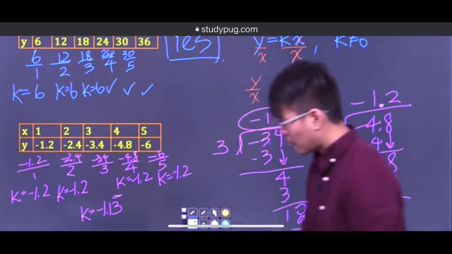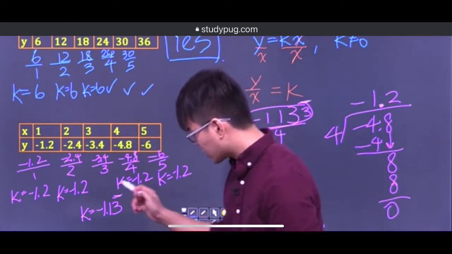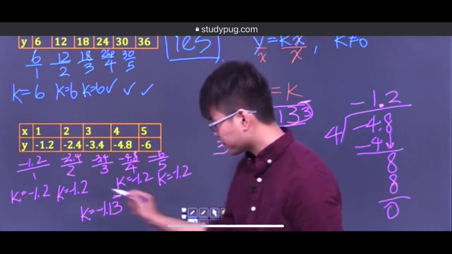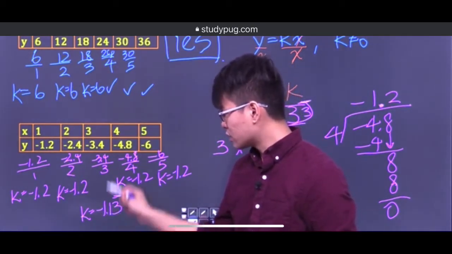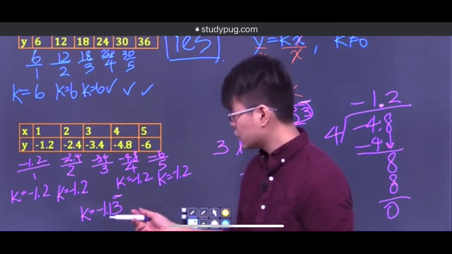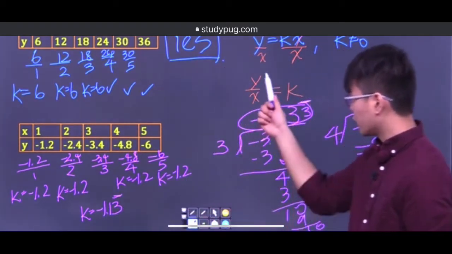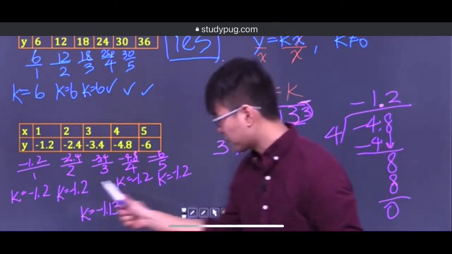So what this tells us is that we have one weird guy poking out here, right? This column has a k constant of -1.13. The ratio here is not what everybody else is having.